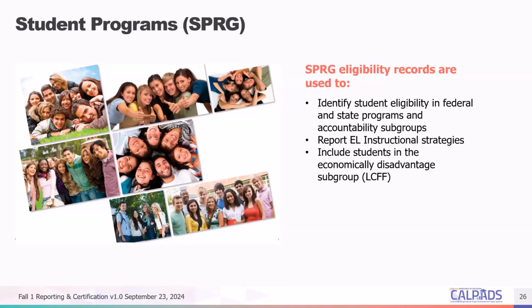I just wanted to point that out. There generally are no fatal errors associated with programs. If you report a program incorrectly, there's validations, but not for a program that's missing. One exception: if you have an EL student and they don't have a LIT program, we will tell you that.